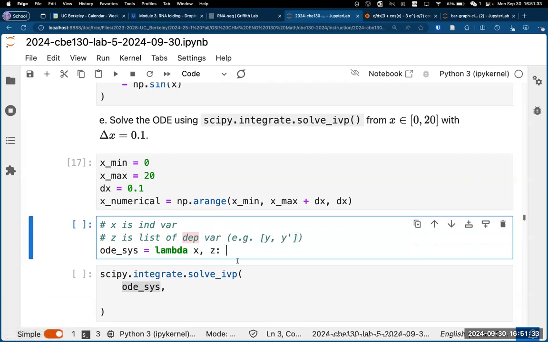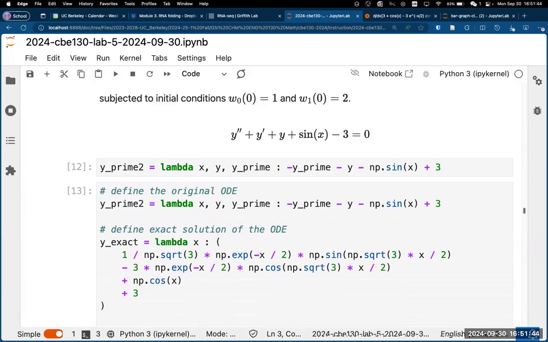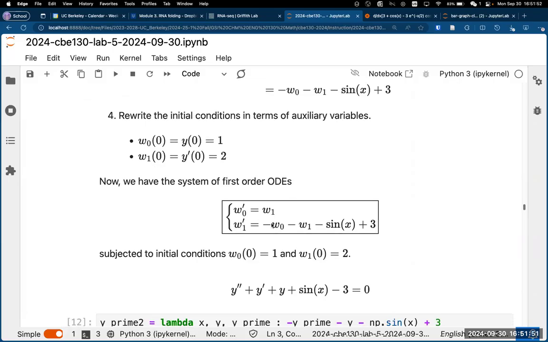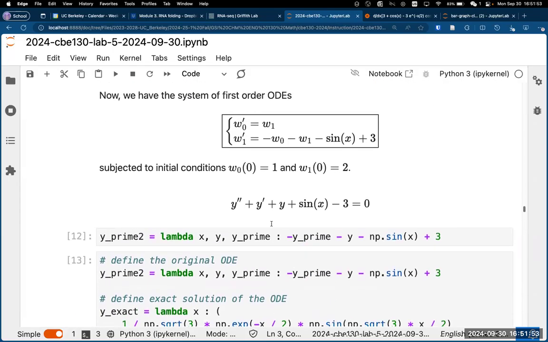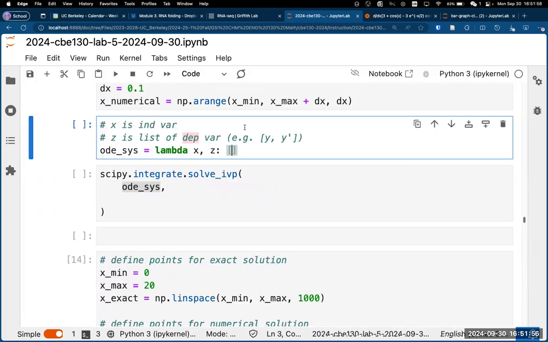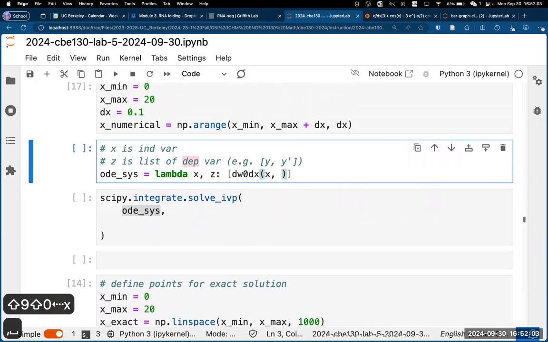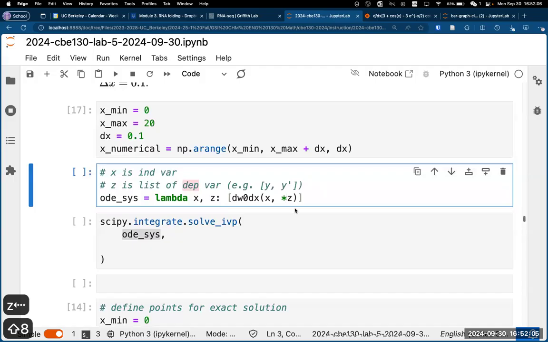Okay. So within this function, we'll have a list. And in this list, we'll have the first equation. So W0 prime equals W1. So let's call this dw0dx, evaluated at x, and then z, and all the arguments of z.